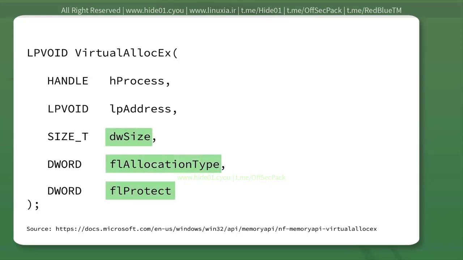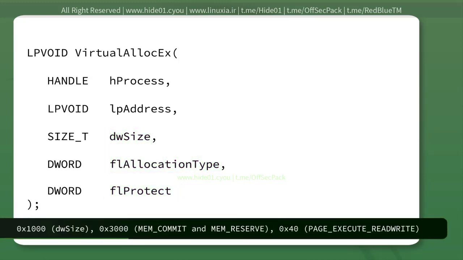The last 3 arguments mirror the VirtualAlloc API parameters and specify the size of the desired allocation, the allocation type, and the memory protections. We'll set these to hex 1000, MEM_COMMIT, MEM_RESERVE, and hex 40, PAGE_EXECUTE_READWRITE, respectively.